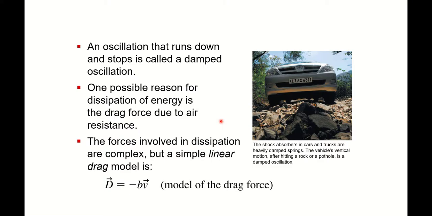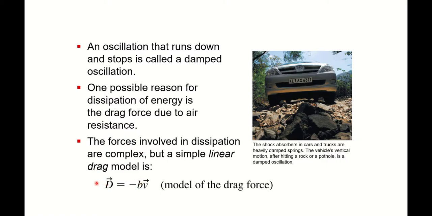The form that it can take can be a little more complicated, but a typical simple model we can apply to this is similar to our drag force. We just have some linear damping that's proportional to how fast that oscillator is moving back and forth. In that case, there'd be some force that equals negative some constant b times how fast it's going.